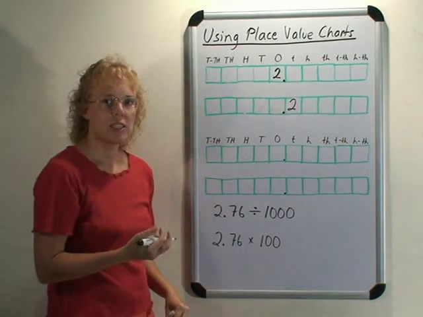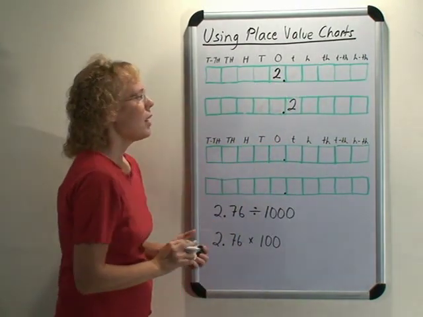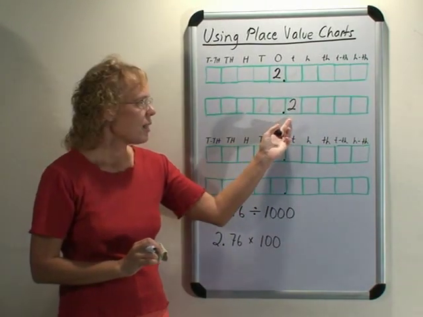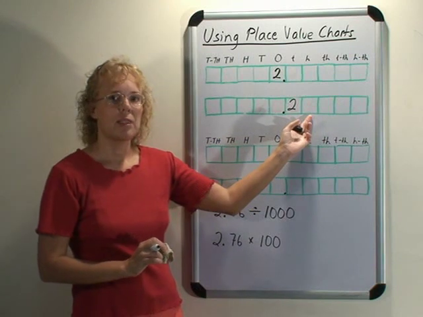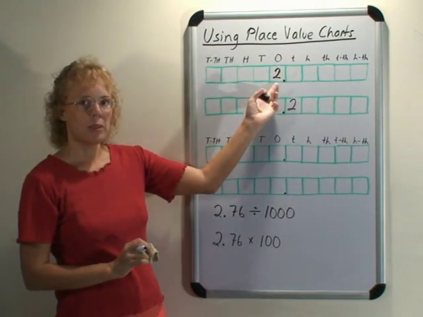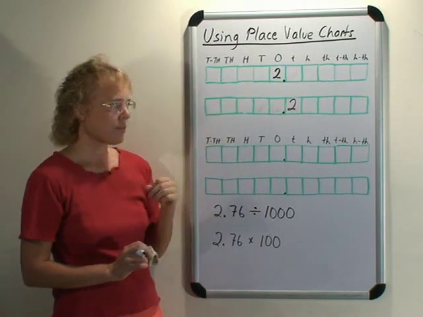So 2 divided by 10 is 2/10. It is like the 2 moved one step here. And similarly, if we divide this 2/10 again by 10, it will move here. And if we divide it by 10 again, it will move here, and so on and so on. If we multiply the 2 by 10, it moves here. If by 100, it moves here, and so on.